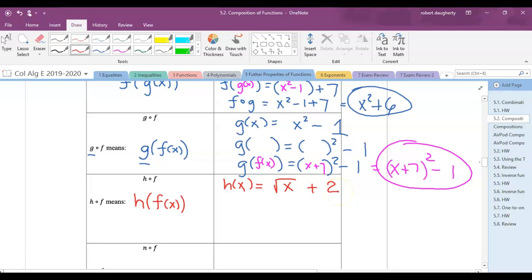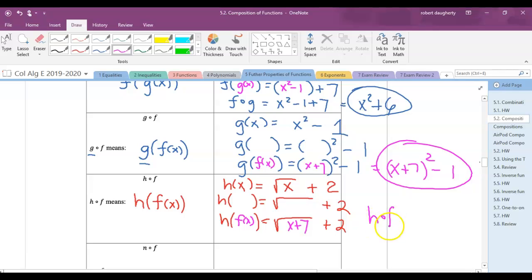So now I'm going to rewrite this with the square root. Now, what needs to get substituted into h? f of x. So what is f of x? x plus 7. Okay, so h composition f is just the square root of x plus 7 plus 2.